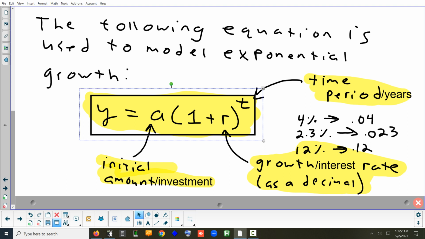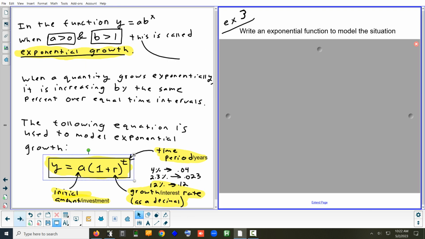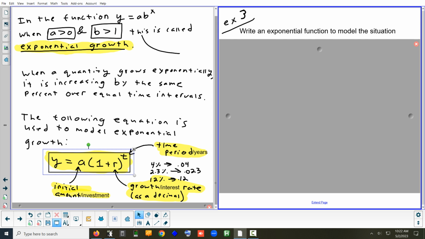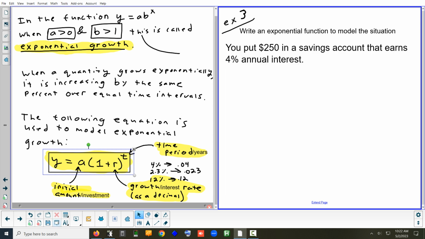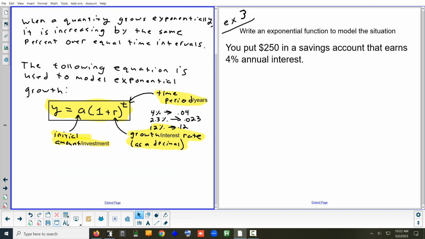Let's try an example with that formula and see if we can identify all the variables in this problem. All right, so it says that you're going to put $250 in a savings account that earns 4% interest. I'm just going to add one thing to it.